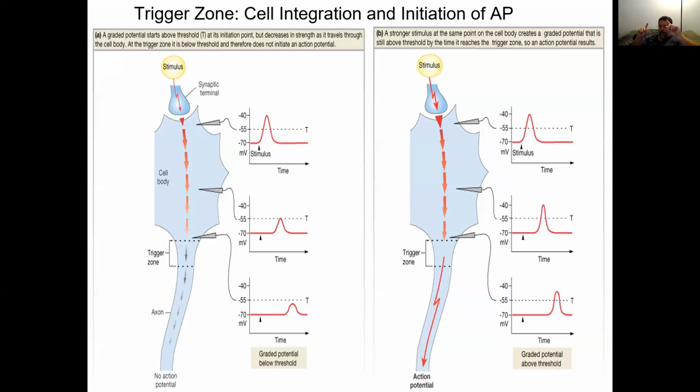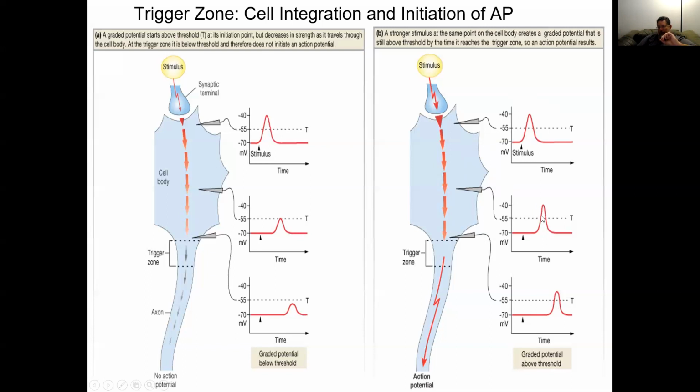But what you're seeing in this picture on the right, even though the graded potentials were similar initially, the concentration stayed stronger throughout traveling through the cell body in this particular example. Now, if you look at my cursor, you can see that's represented by a bigger arrow.